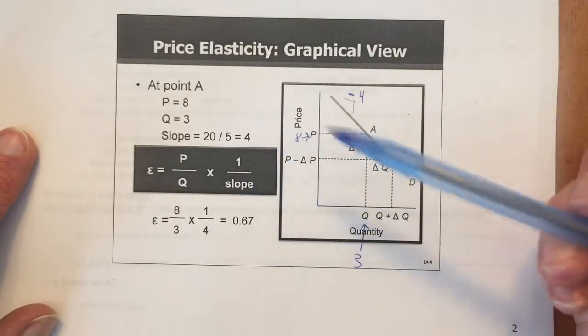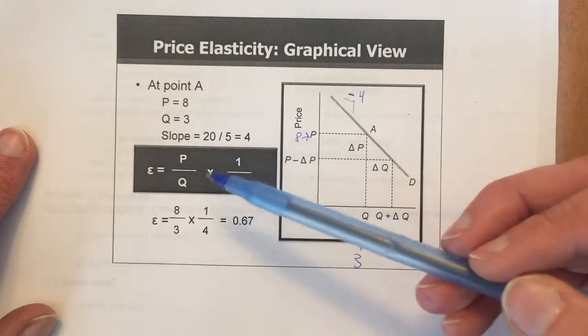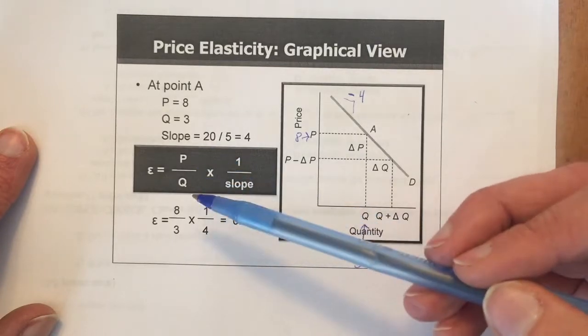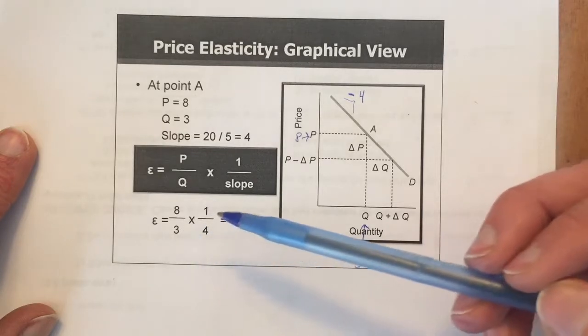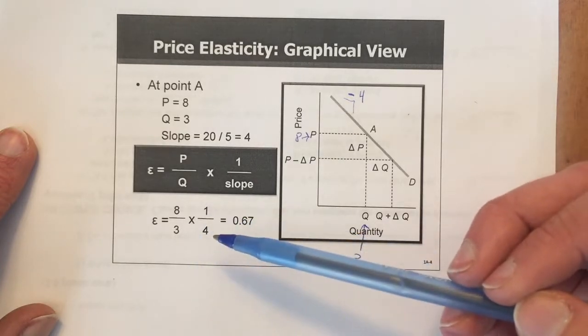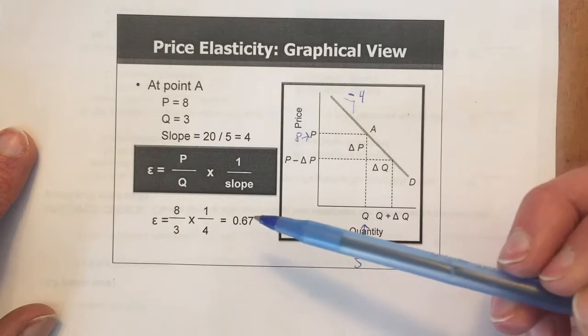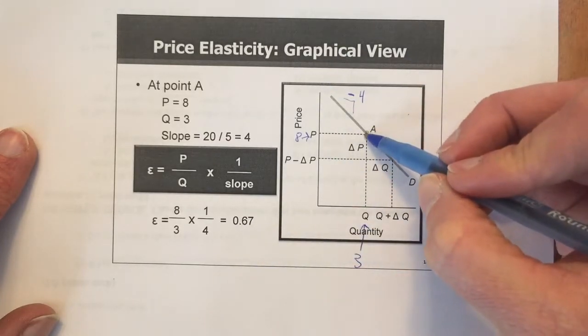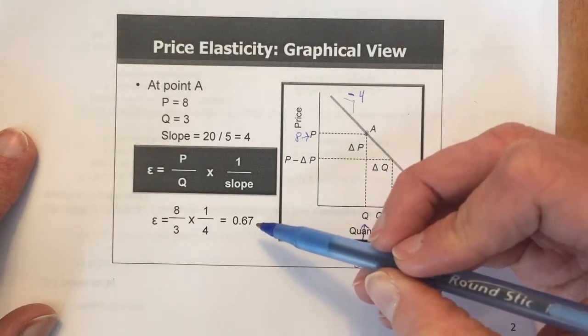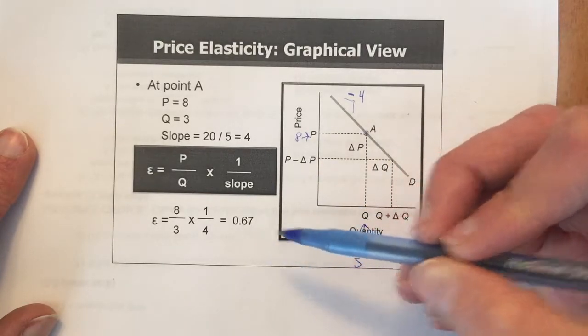Okay, and then once we have those values, we can just plug them into this equation. So price over quantity, 8 over 3, times 1 over the slope, or 1 over 4. We can calculate that at this price point the elasticity is 0.67.